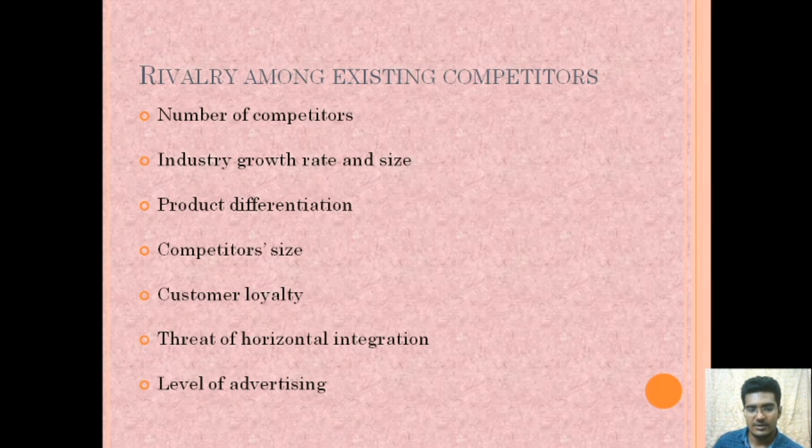And next point is threat of horizontal integration. Please listen carefully, it's an important point. If a company manufactures a product and the plant is really huge, and just because of the concept of economies of scale, they are able to produce a large number of products and sell them at a lesser price, now the competitors are getting into trouble because they are not able to push their product.